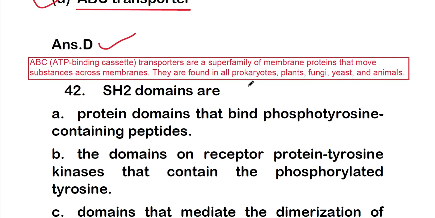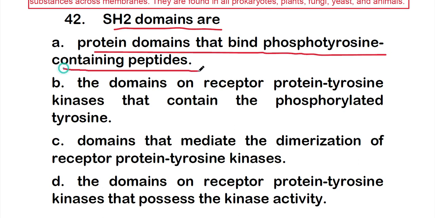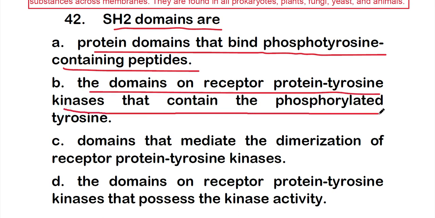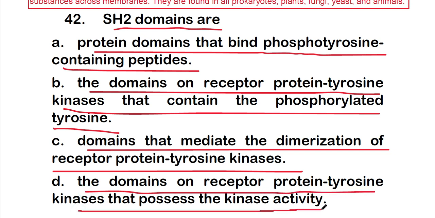Let's move on to question number 2: SH2 domains are option A, protein domains that bind phosphotyrosine containing peptides, option B, the domains on receptor protein tyrosine kinase that contain the phosphorylated tyrosine, option C, domains that mediate the dimerization of receptor protein tyrosine kinase, or option D, the domains on receptor protein tyrosine kinase that possess the kinase activity.